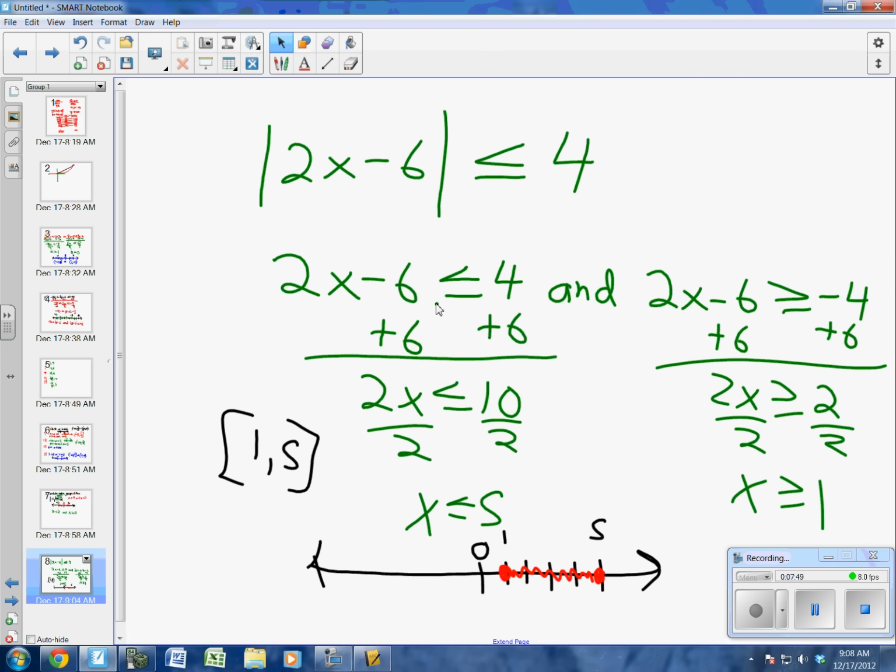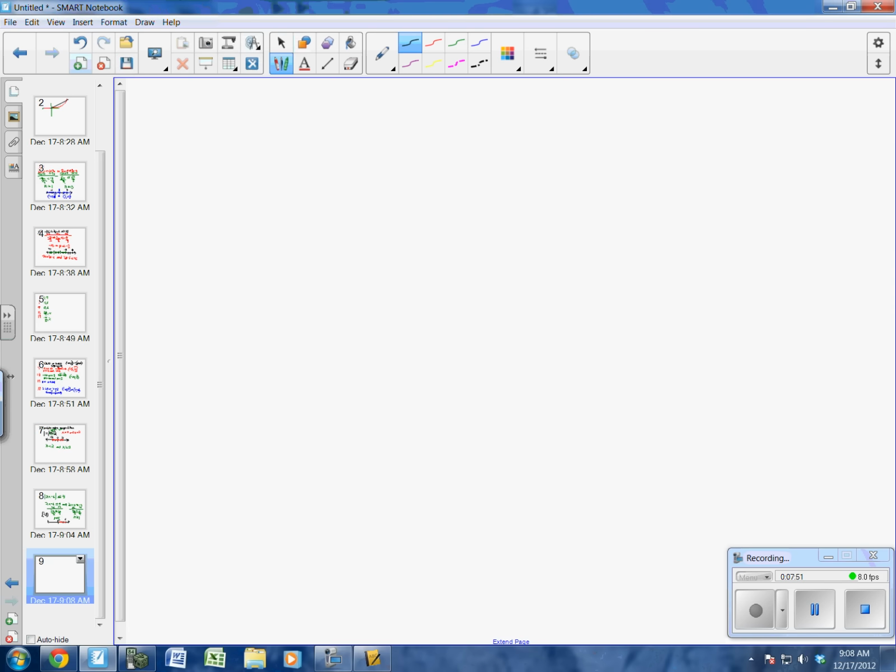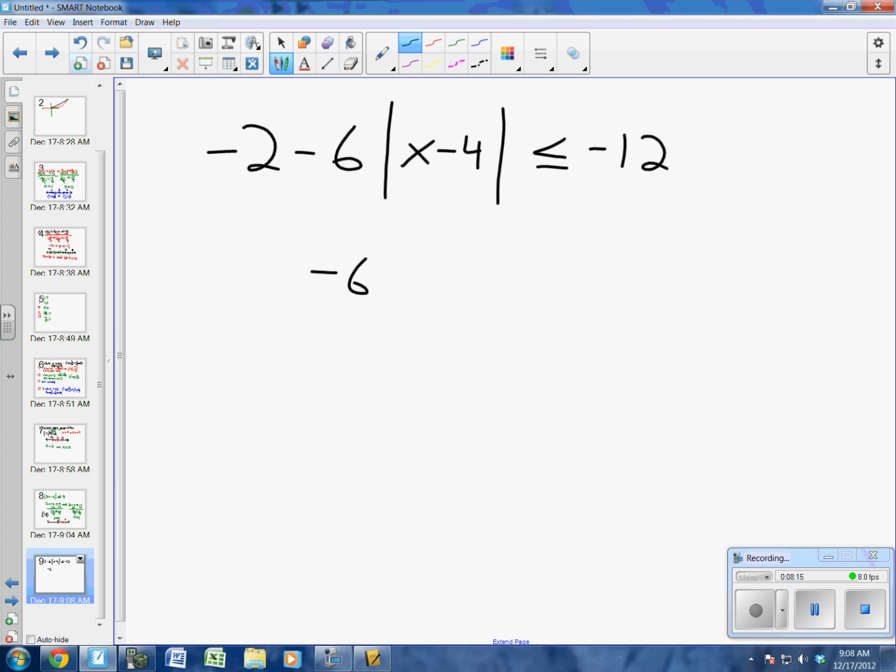So if I had something like this, you would have to get the absolute value by itself first, okay? I would have to add 2 to both sides. And then what?